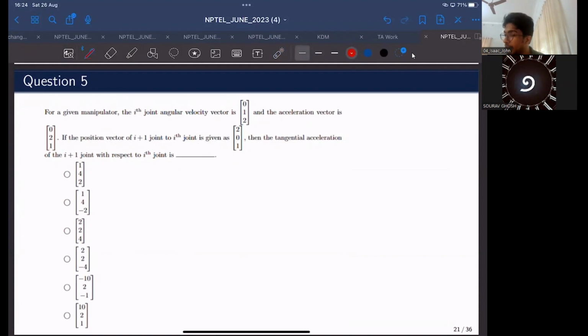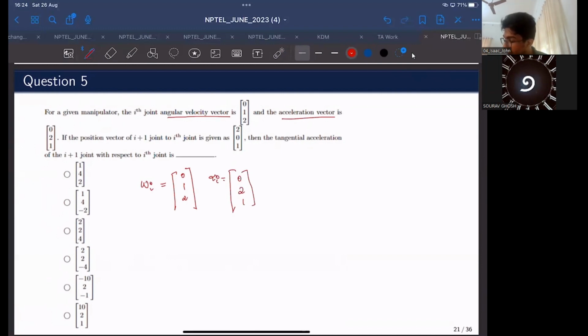So question 5 says the angular velocity omega I is 0, 1, 2, and the acceleration vector alpha I is 0, 2, 1.